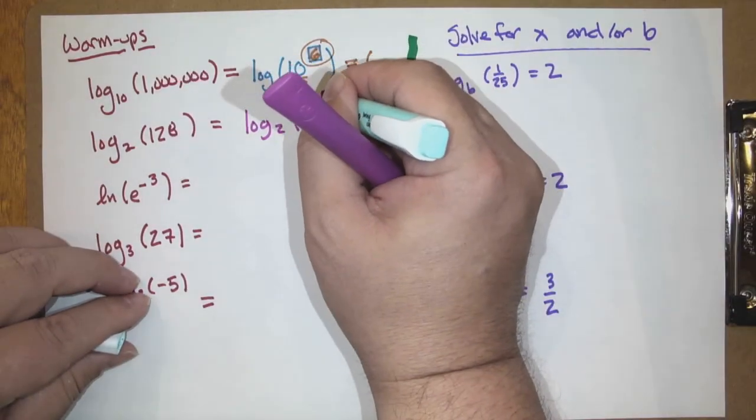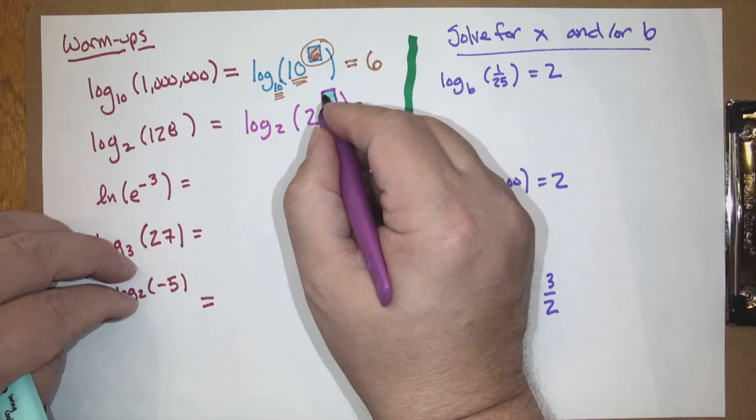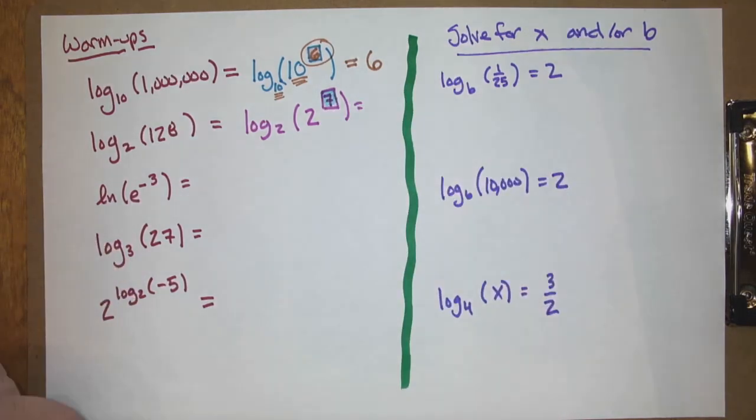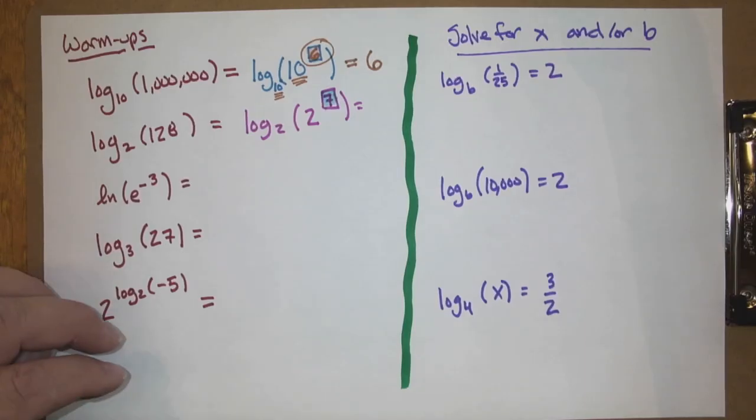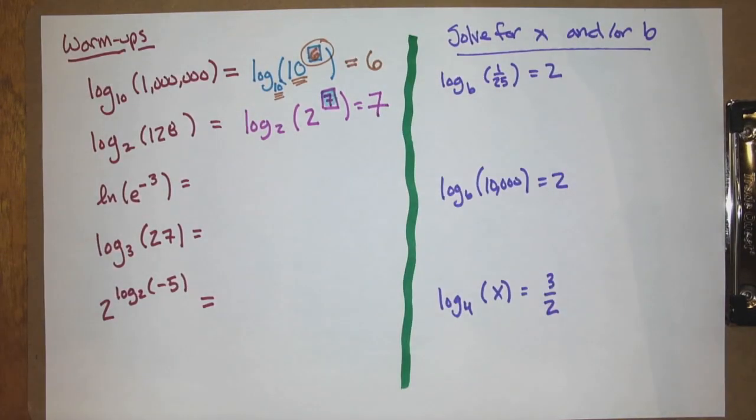It's that fun game we play as kids where we start working through our powers of 2. 2, 4, 8, 16, 32. I usually get to about 65,536 before I tap out. All right, so 7.